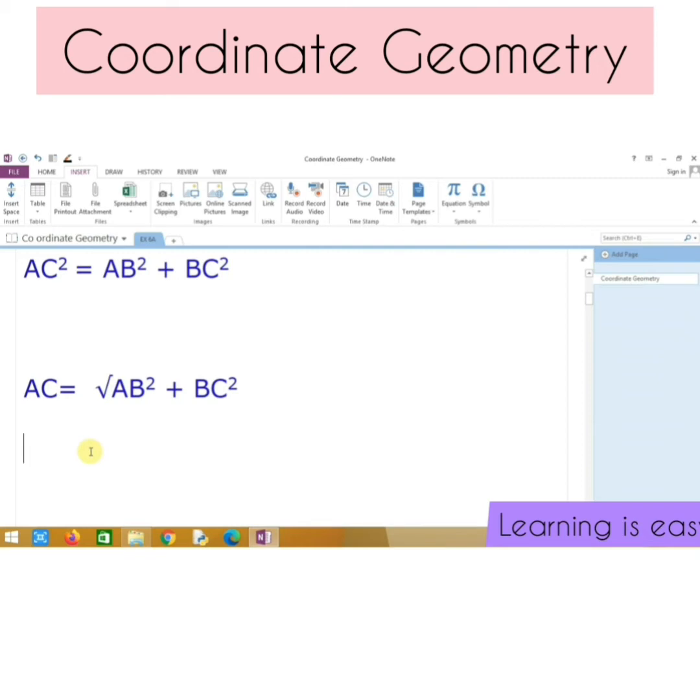So we know the difference on the opposite and adjacent sides. So by squaring them up, we get the formula of distance.